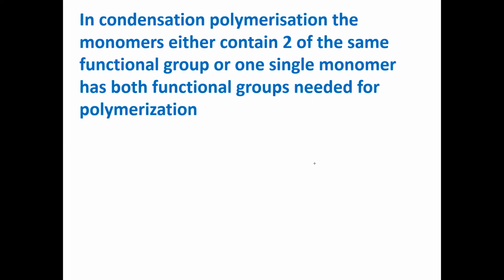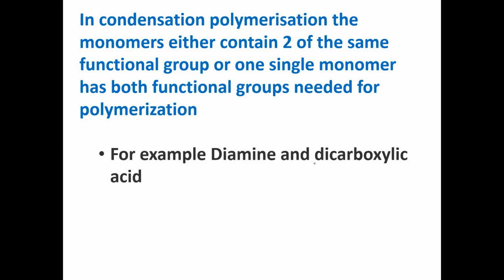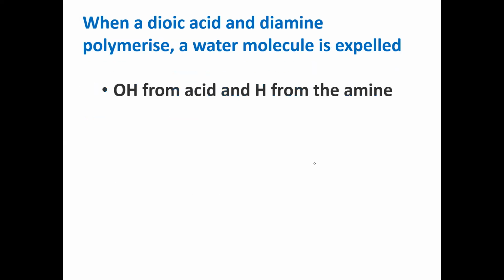These polymers normally, when we condense them, we take H from one unit and we take OH from the other. So we want to remove water. This is the main thing. For example, diamine and dicarboxylic acid or an amino carboxylic acid. So we can identify them. We can identify the repeat unit where we are getting the link after removing the water molecule.